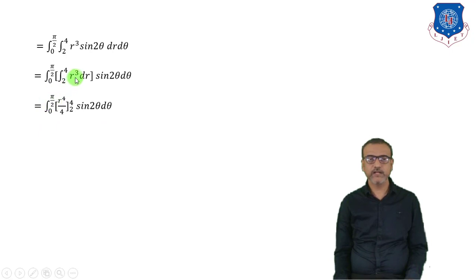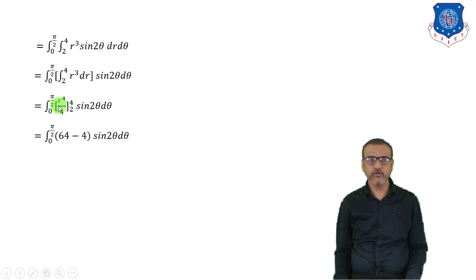Now the integration of r cube is r to the power 4 upon 4, and the limit is from 2 to 4. The sine 2 theta d theta will be as it is. Now we have to simplify this function by taking upper limit 4 and lower limit 2.